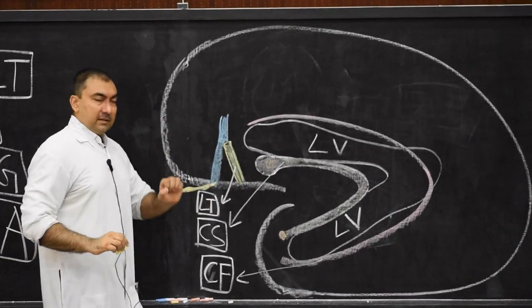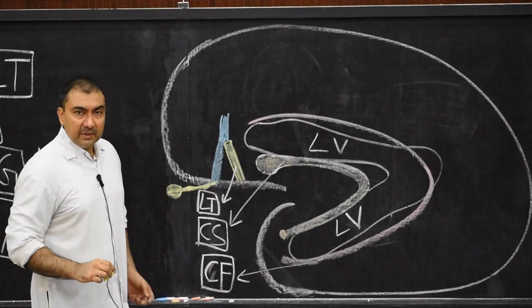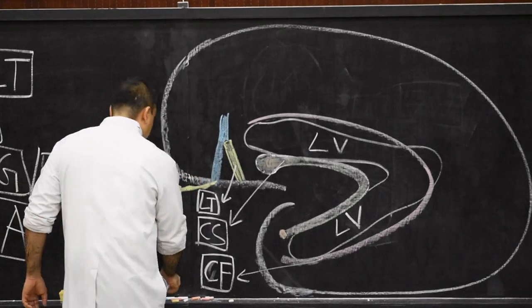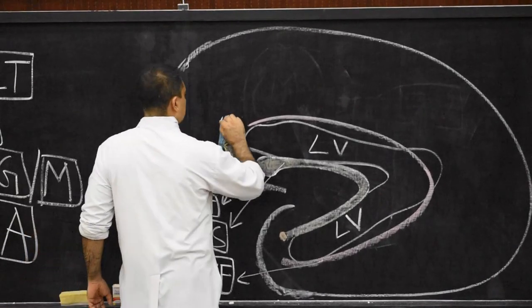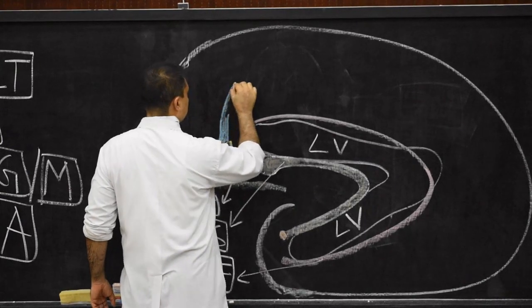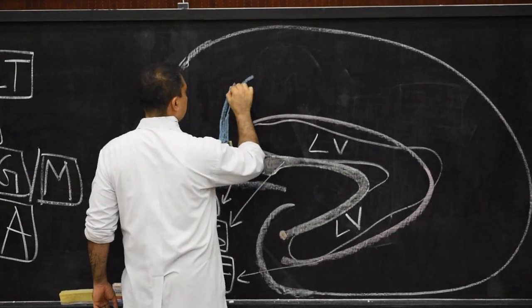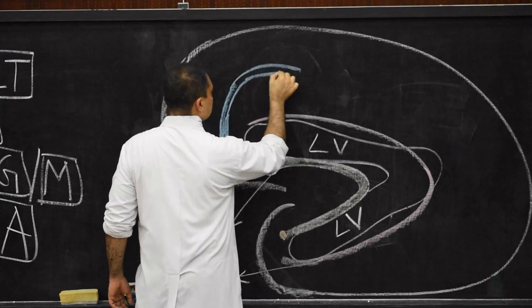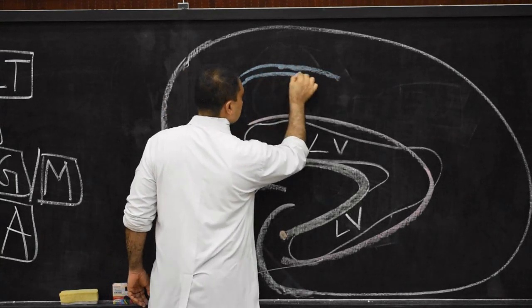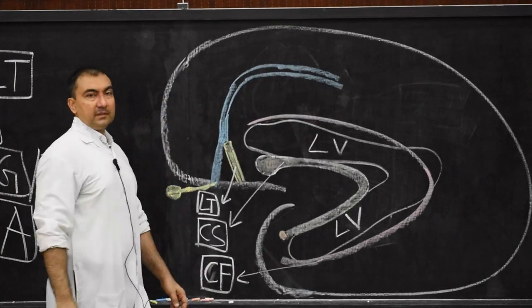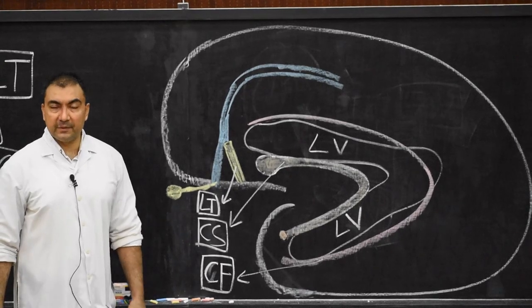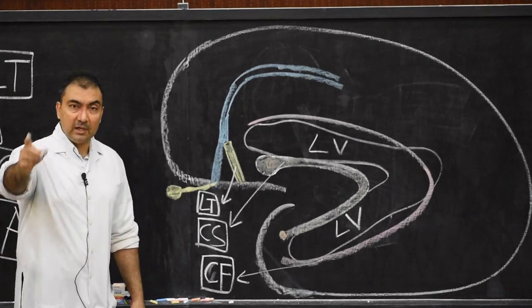From here, this entire archipallial tissue, the hippocampal tissue, will pass dorsally and above over the medial surface of the cerebral hemisphere. It will take a turn around outside the choroid fissure.